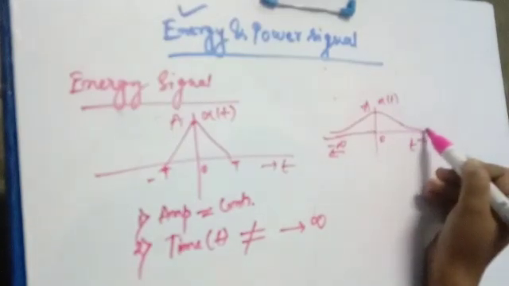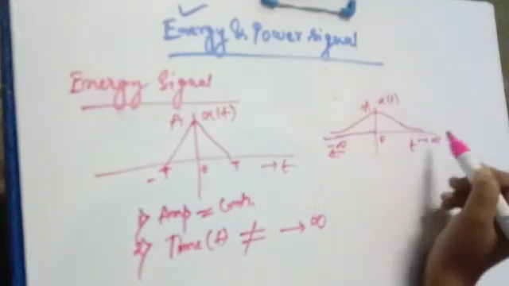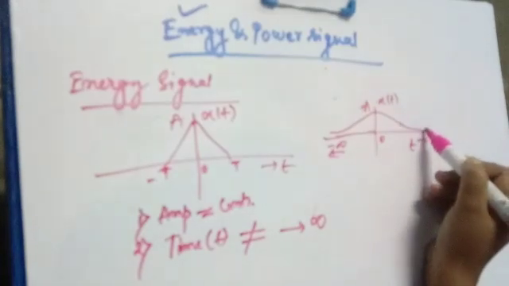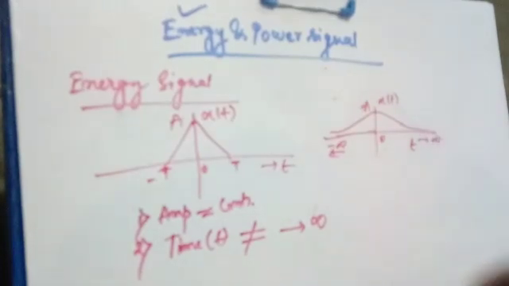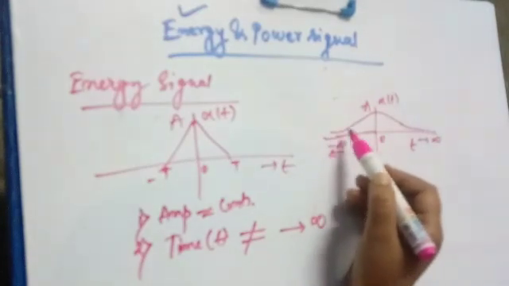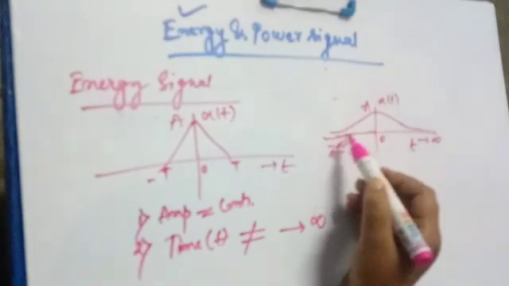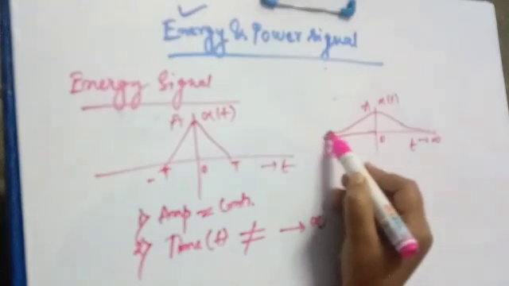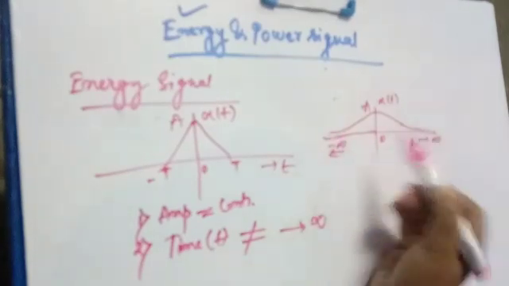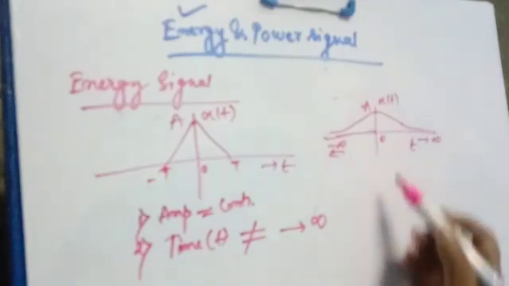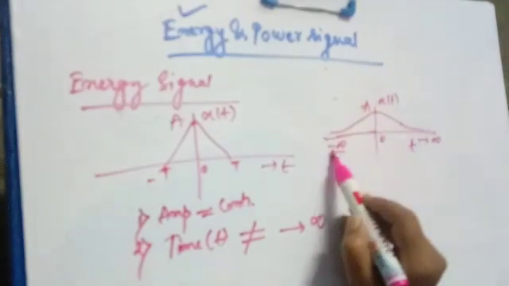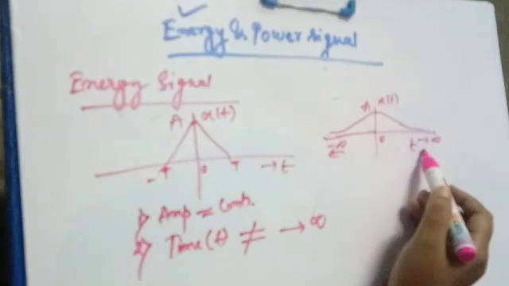See that the tail of the signal does not touch the x axis. Therefore, the signal is continually going with respect to time. Similarly, for the negative axis, the same condition applies. Therefore, this signal exists from minus infinity to infinity.